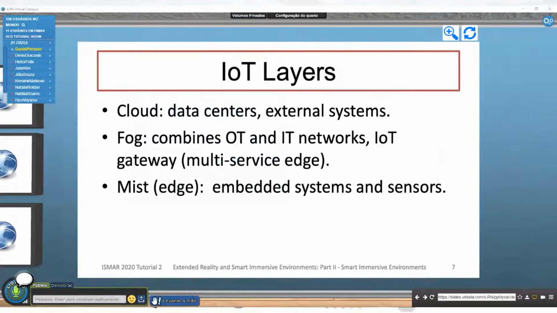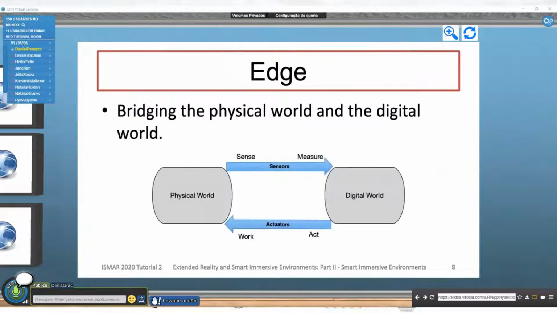And then finally, we're looking at the mist layer, where we are dealing directly with embedded systems and sensors locally.